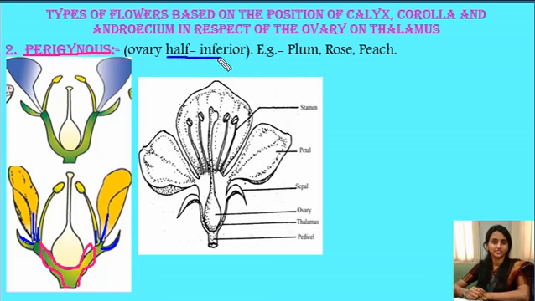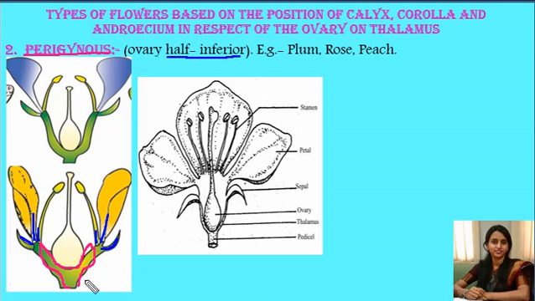Remember, in case of perigynous flowers, what is the position of the ovary? That is half inferior. So such flowers are known as perigynous flowers. This type of flowers can be seen in plants like plum, rose and peach.